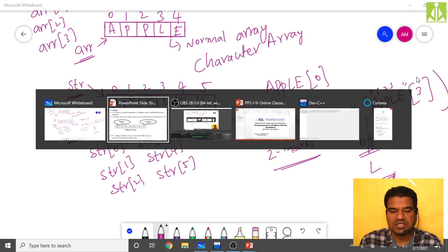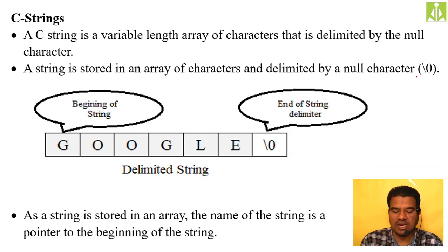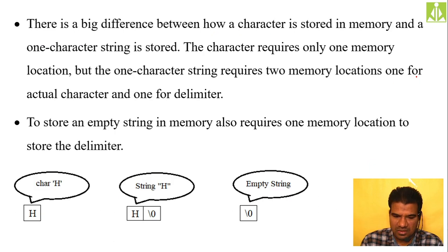Now, regarding delimited strings, there is a big difference between storing a character into a memory location, storing a string, and storing an empty string. Here we are storing a normal character, character H. It will consume only one memory location.